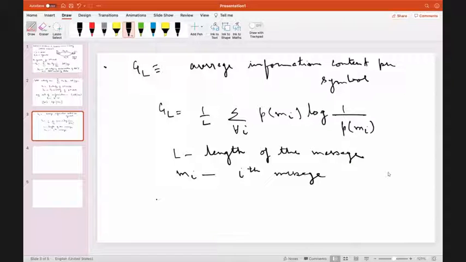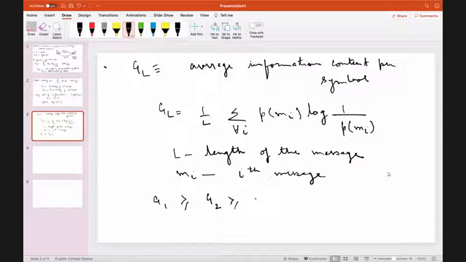And in general, you will find out that G1, which is basically the average information content per symbol of messages which have only one symbol, is greater than or equal to the average information content per symbol when you have messages comprising of 2 symbols.